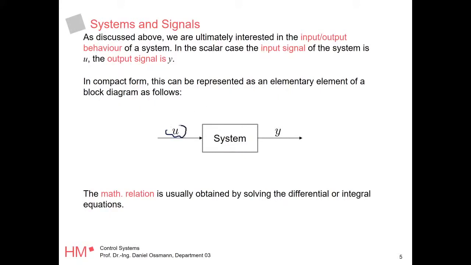We use signals as arrows and we use systems as blocks, right? So we send a signal in, like the gas pedal position. We have a system, which could be our car, and we get the speed out, right? So these are signals, and these here are systems, right?